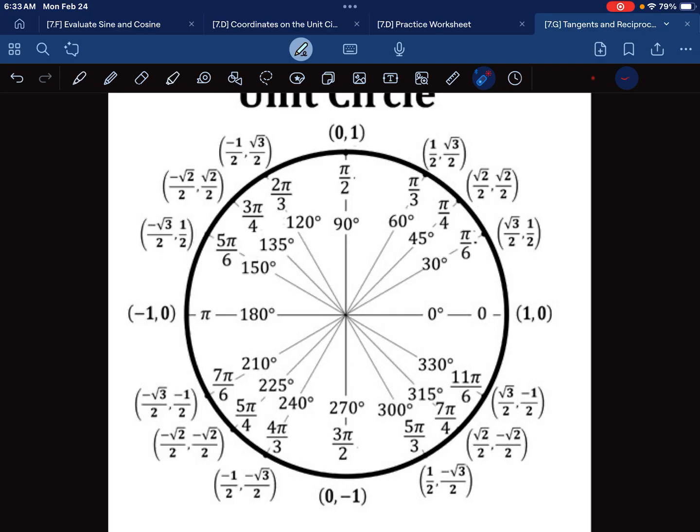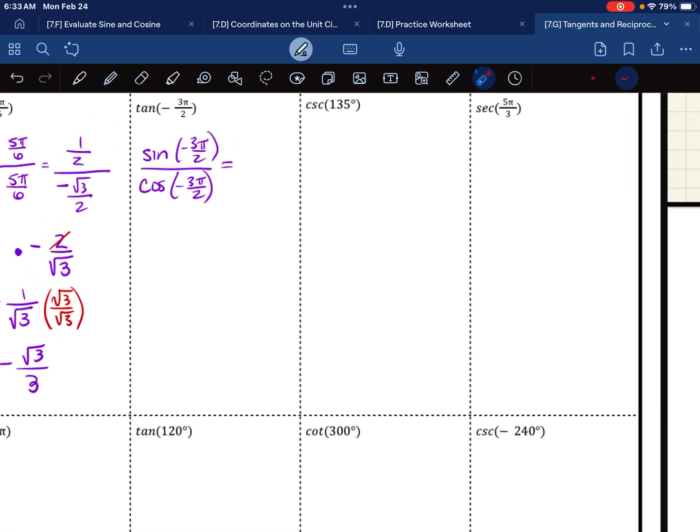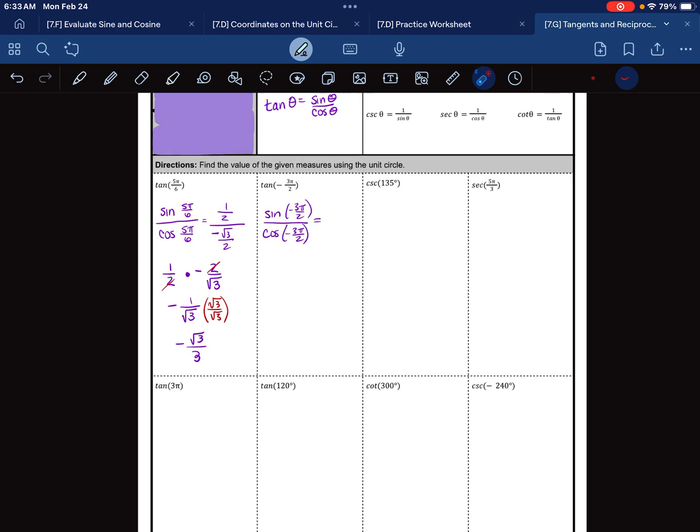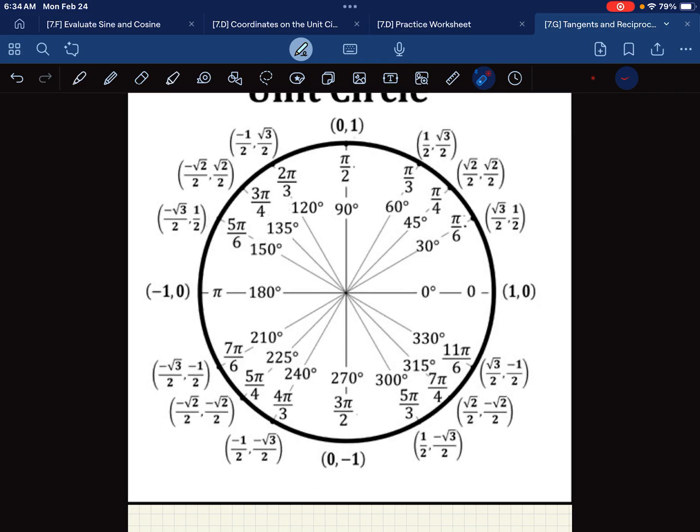There's no negative on this. Okay, so I have a couple options. I can recognize that pi over 2 is 90 degrees and go backwards 90 degrees 3 times, which is what I'm going to do. Or you could find your coterminal angle by adding 2 pi to that.